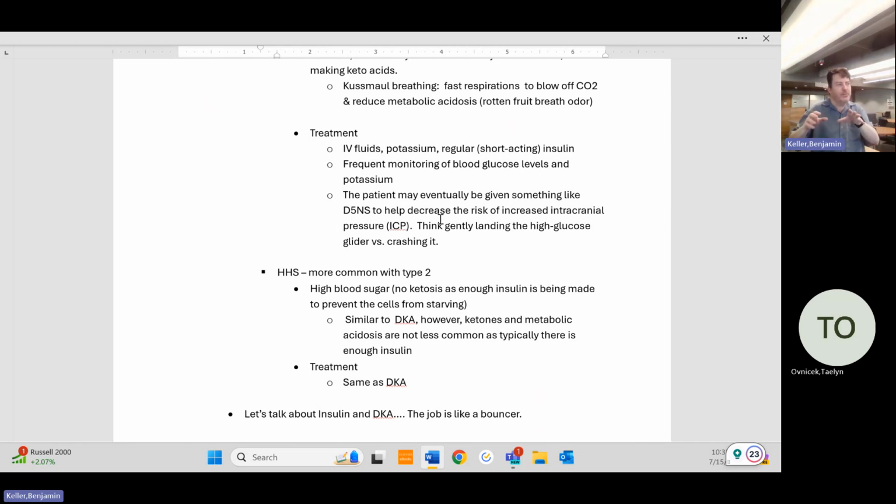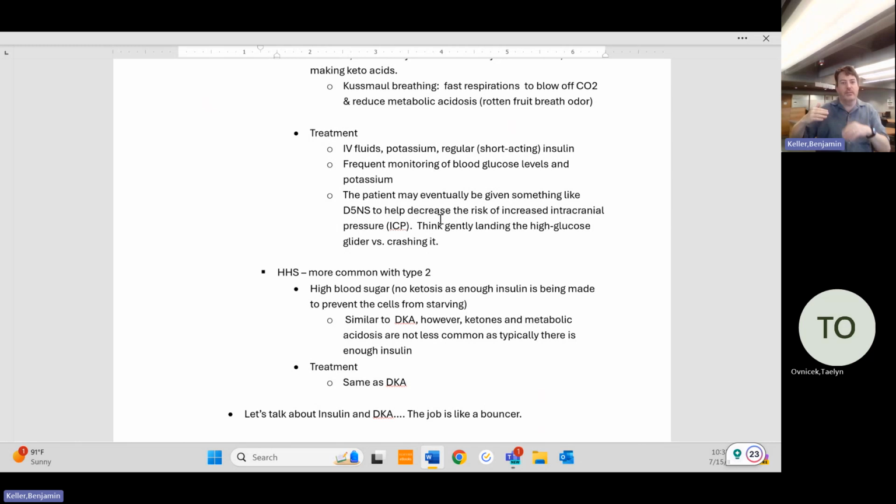And it seems a little counterintuitive, but you want to think about it this way. If we have high blood sugar and we drop it suddenly, we're creating an osmotic difference. And that can cause the brain tissues to swell, and that can increase intracranial pressure. So we want to lower that high glucose very slowly.